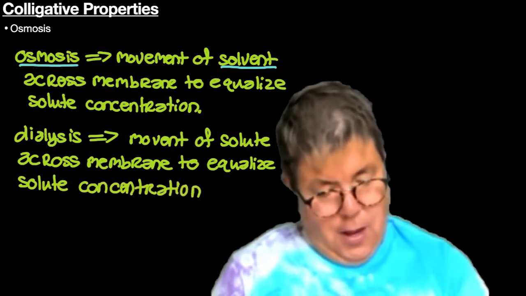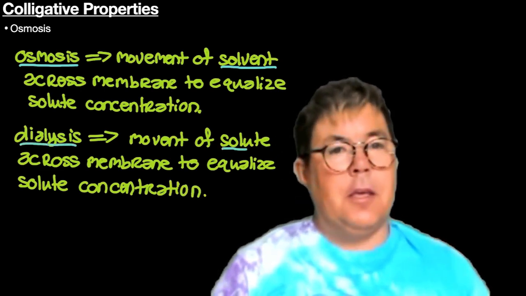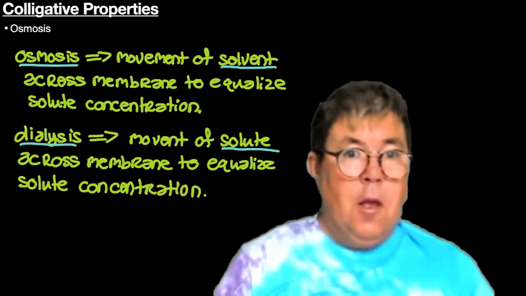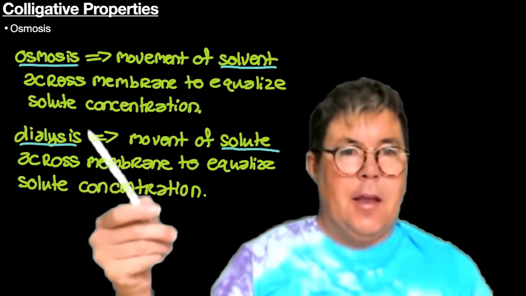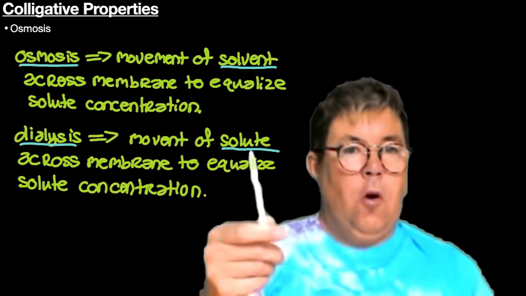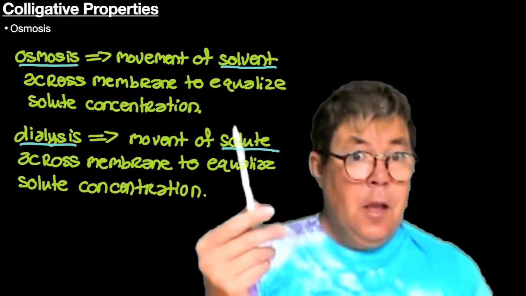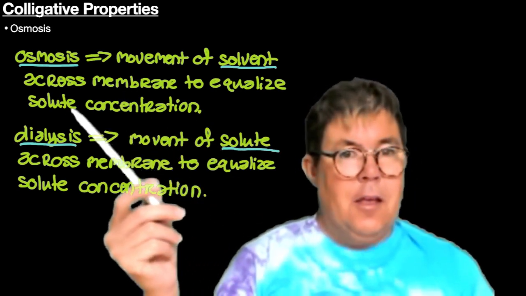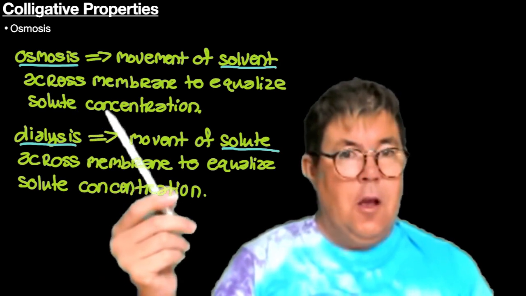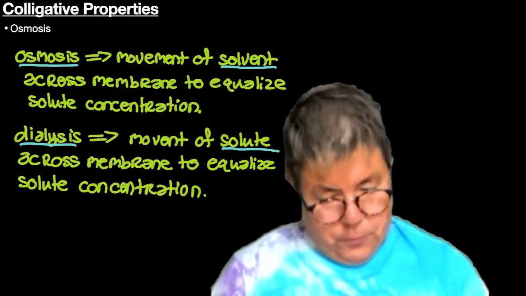For dialysis, we are talking about the solute. So osmosis, movement of solvent. Dialysis is movement of solute. The goal is to try to equalize the solute concentration on both sides of the membrane.